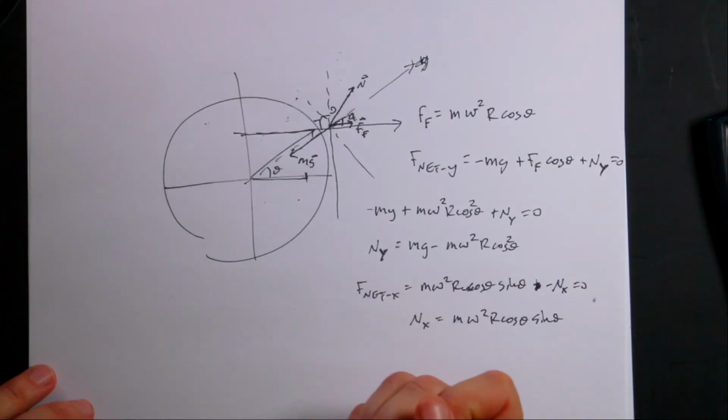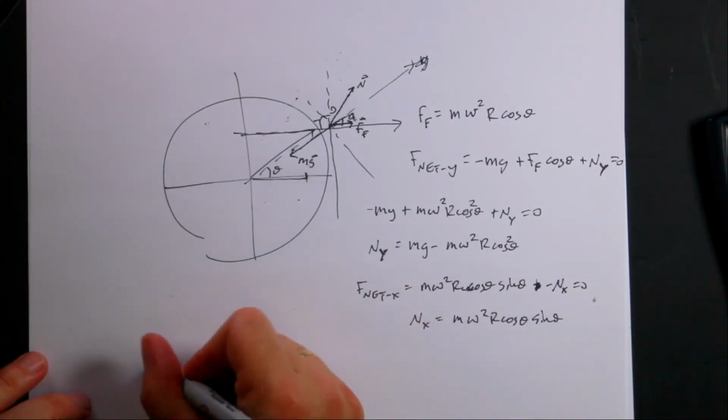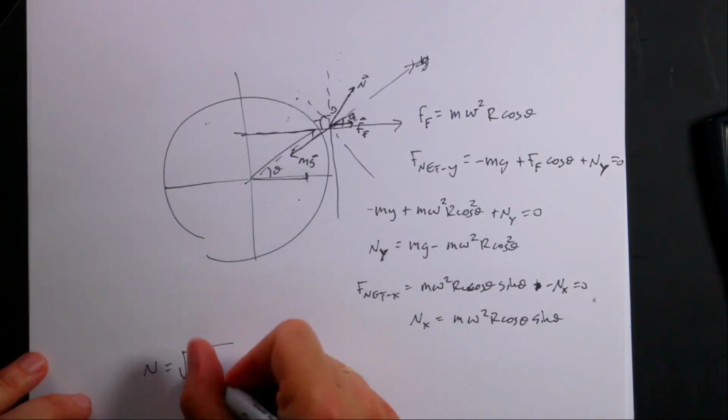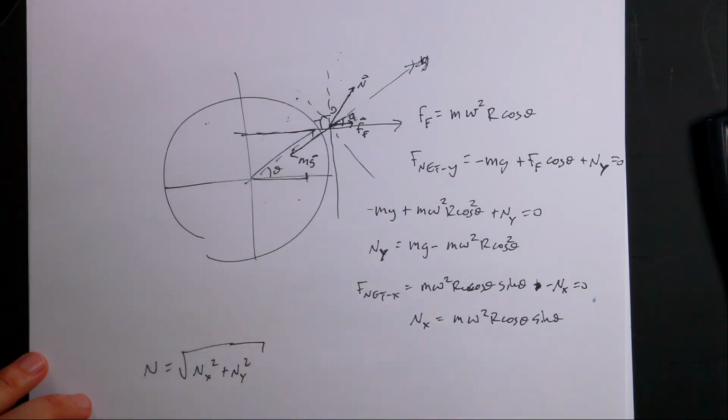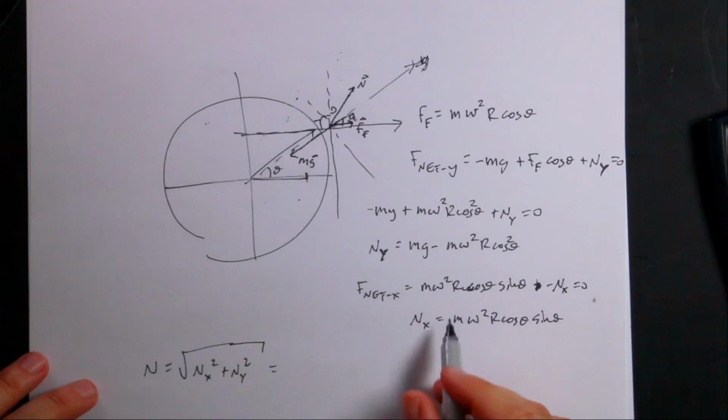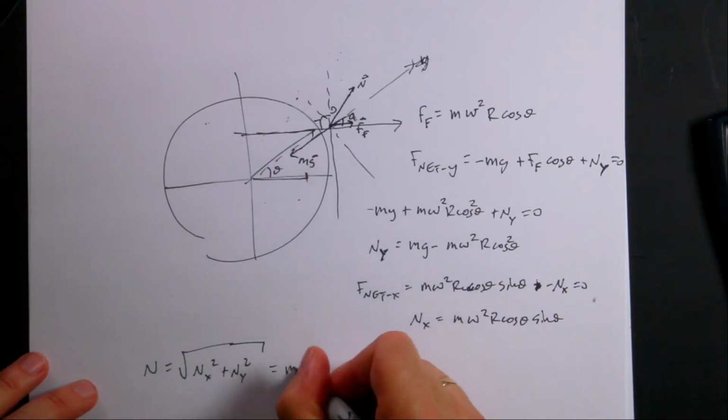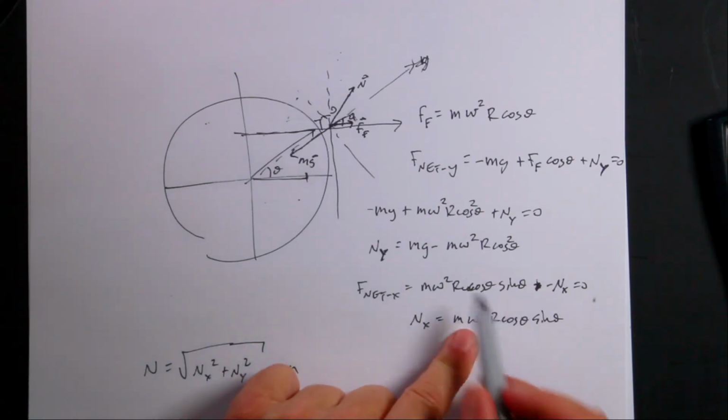So now if I want to find the magnitude of the normal force, n is going to be the square root of nx squared plus ny squared. Okay, so let's just write this out. I'm going to factor out the m, because every term has an m, since this is my nx, that's my ny.